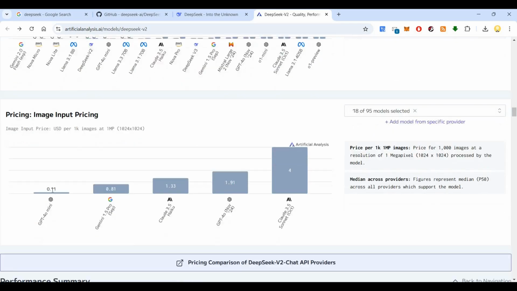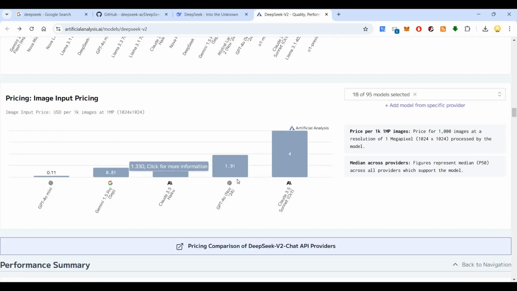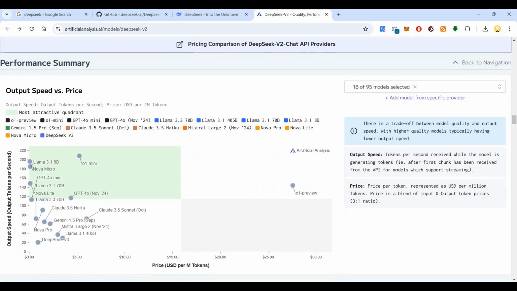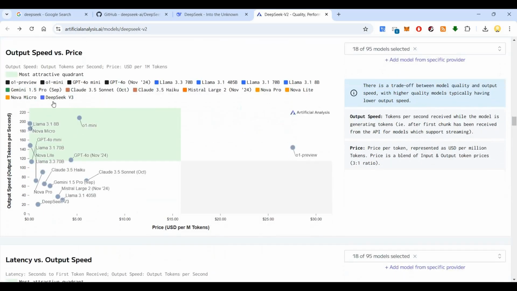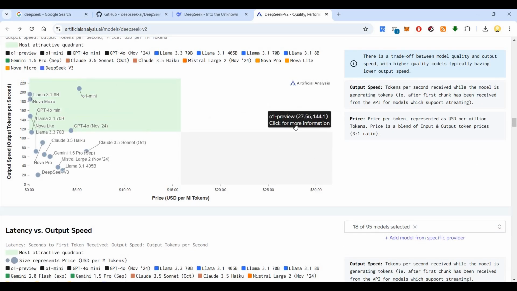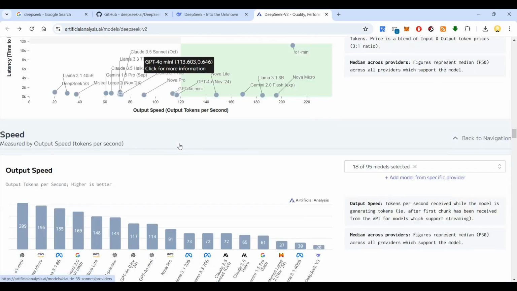This is image input pricing. Now in the performance summary, output speed versus price, this is quite expensive, while DeepSeek is much lower cost in terms of output speed.